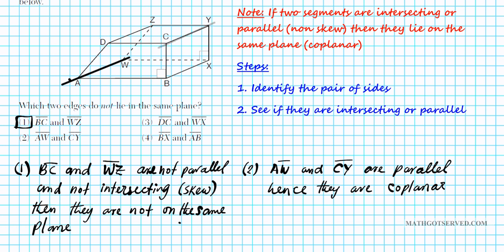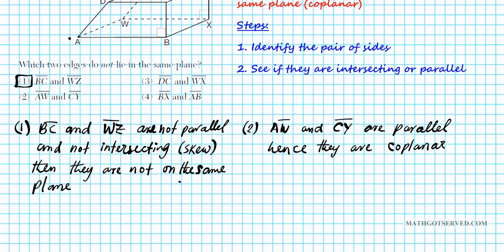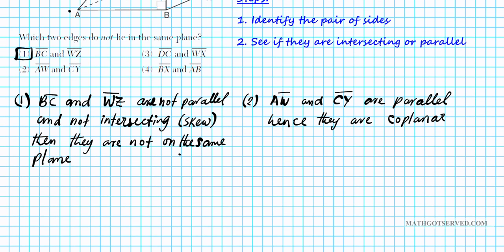Okay, all right. Now let's take a look at option number 3. We're looking at sides DC and WX. What do we know about these two? Are they skew lines or not?